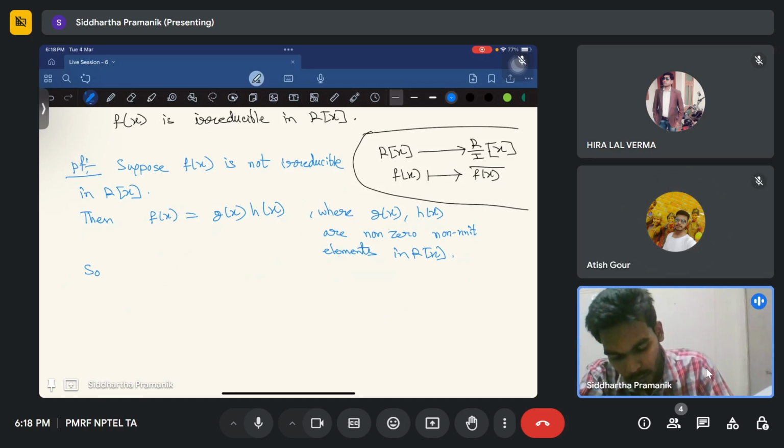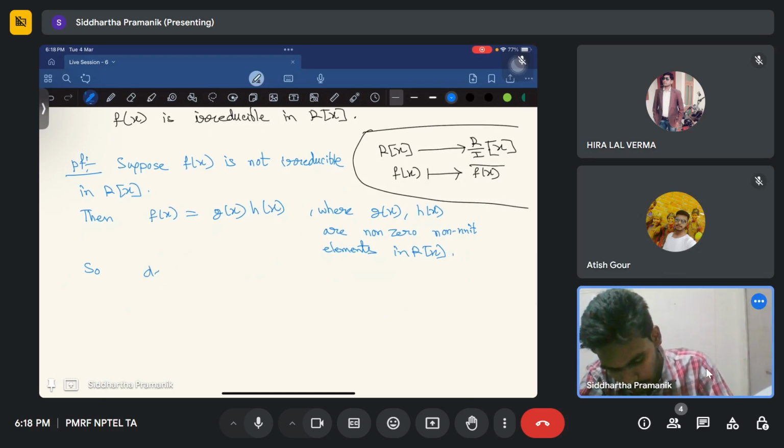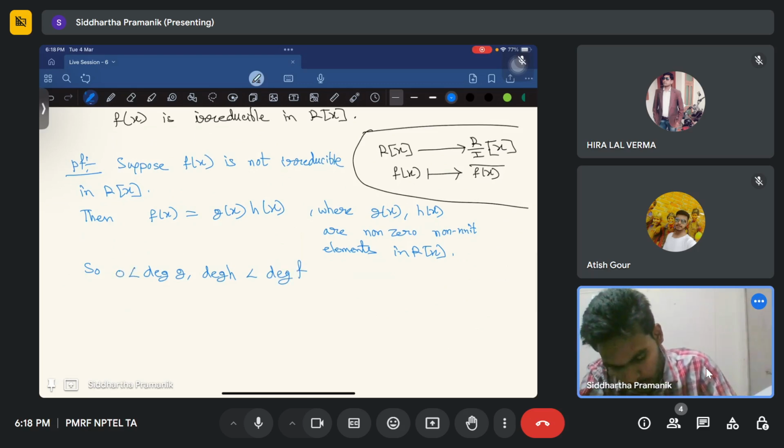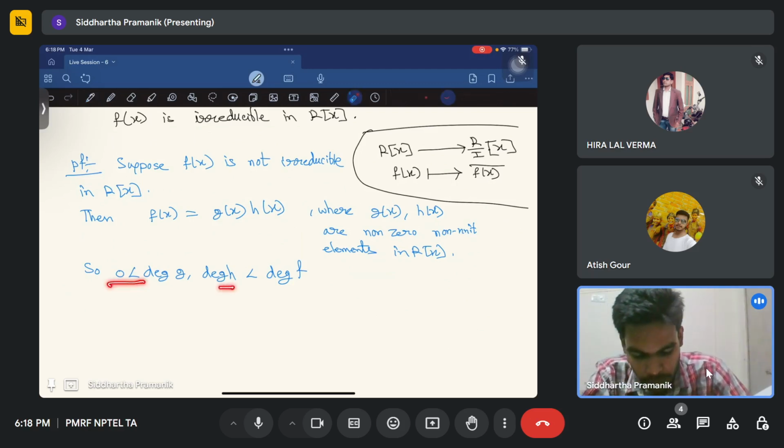And the sum of their degrees is the degree of f(x). So the degree of g and the degree of h are strictly less than the degree of f, and they should be greater than 0, because if one of them is 0, then the other must have degree of f, so that should not be the case.